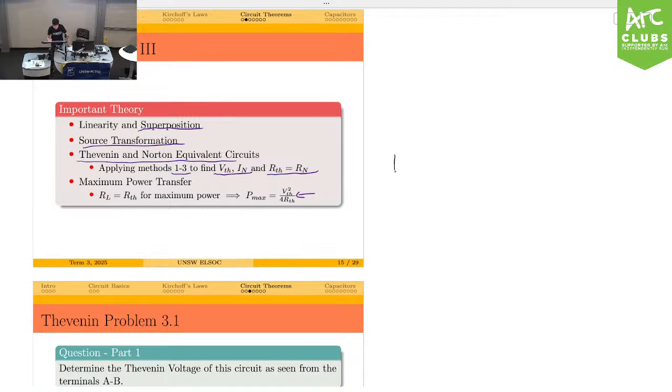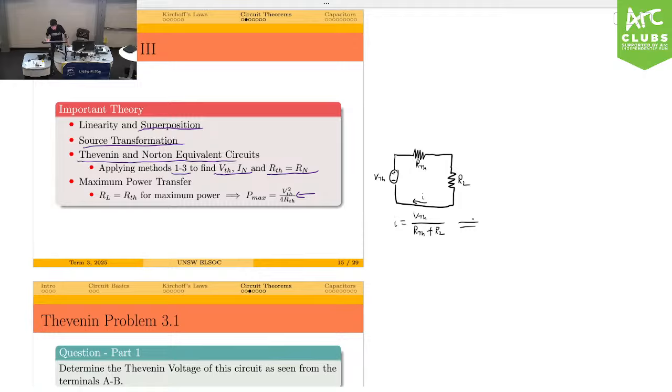So suppose we have a Thevenin equivalent circuit like this. So that's VTH. And you have an RTH here. That's RL. To find the power absorbed by RL, I recommend finding I first. So I equals VTH over RTH plus RL.